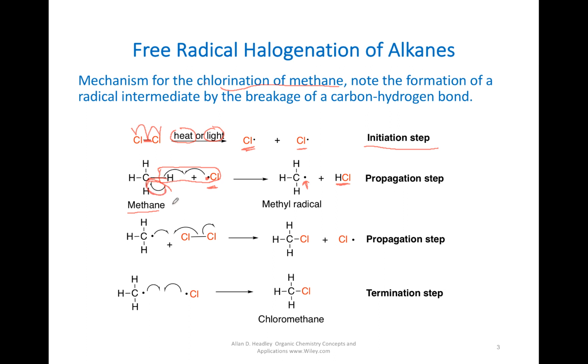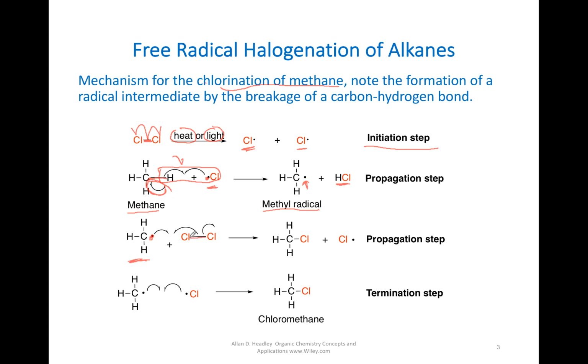Now you can see why in a mechanism, the question typically states using arrows to indicate electron movement, propose a mechanism. Here are arrows. This time it's single barb arrows because it's 1 electron movement at a time to show how the bonds are formed. The methyl radical that's produced, as you can imagine, it's an intermediate, very reactive because it has a lone electron right here.